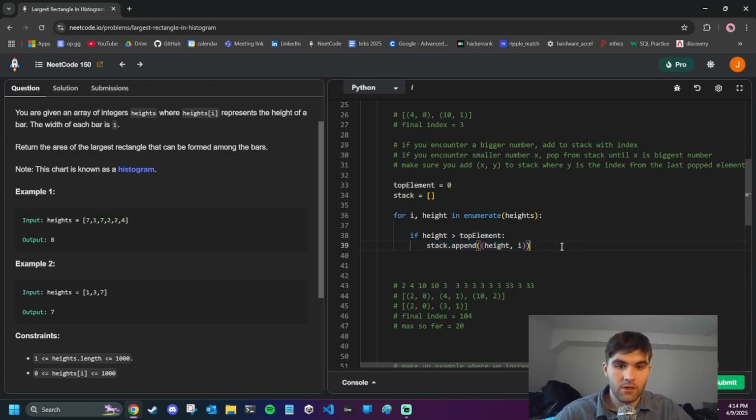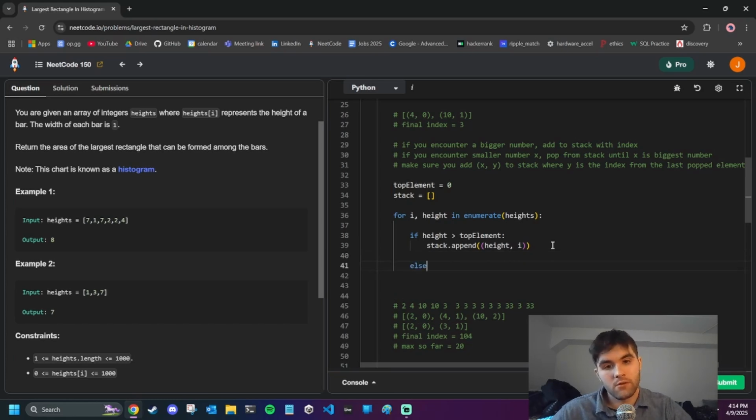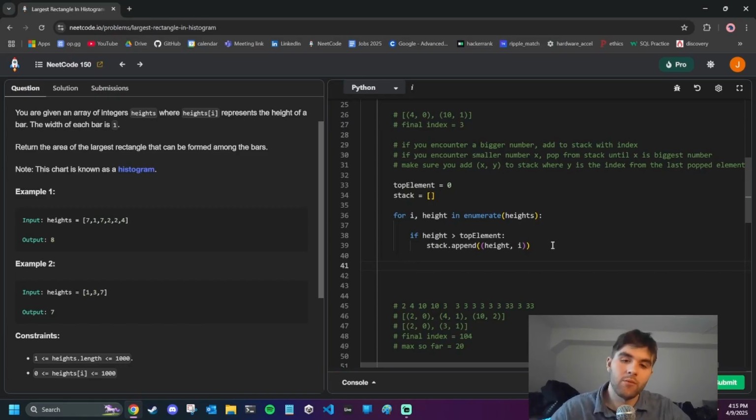Sounds good. Yeah, so just keep doing that. Otherwise, if it's less than or equal to, well, if it's equal, do we want to do anything at all? We don't really want to pop.